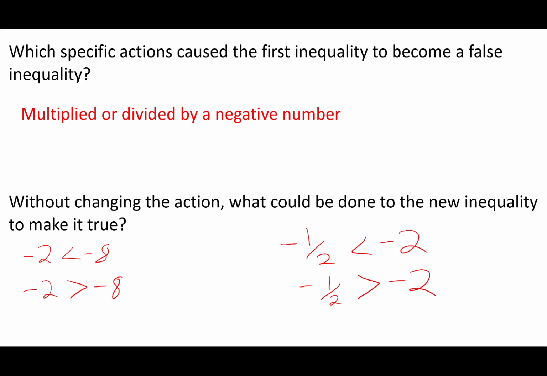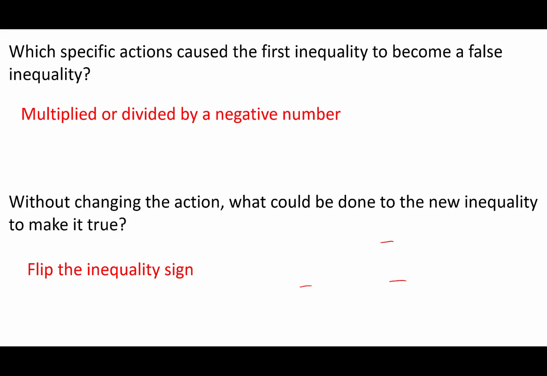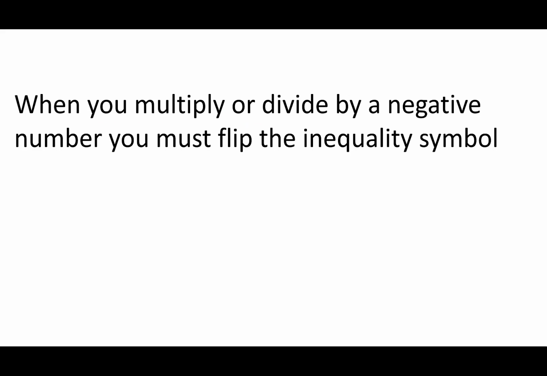So what did I do there on both of those? I flipped the inequality sign. The action we can take, without undoing or changing the action we do, because we have to do those, would be to flip the inequality sign. So whenever you multiply or divide by a negative number, you must flip the inequality sign.